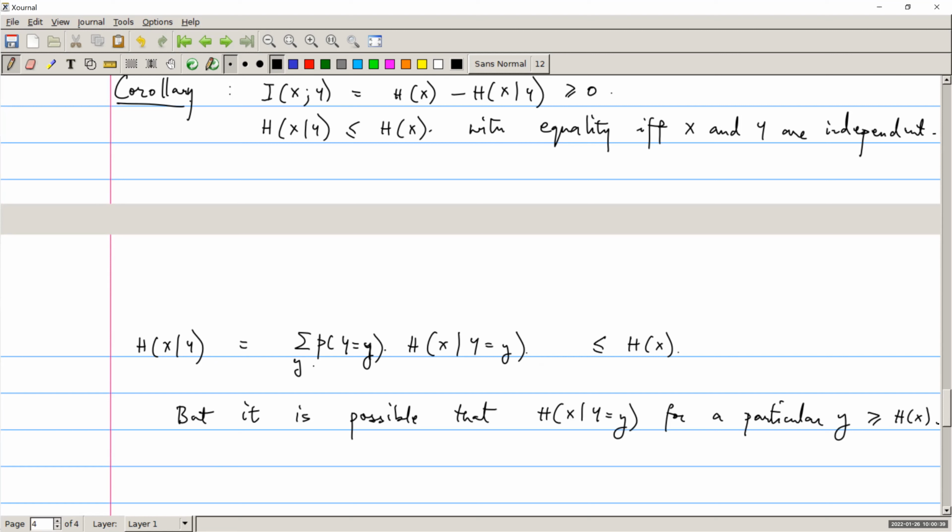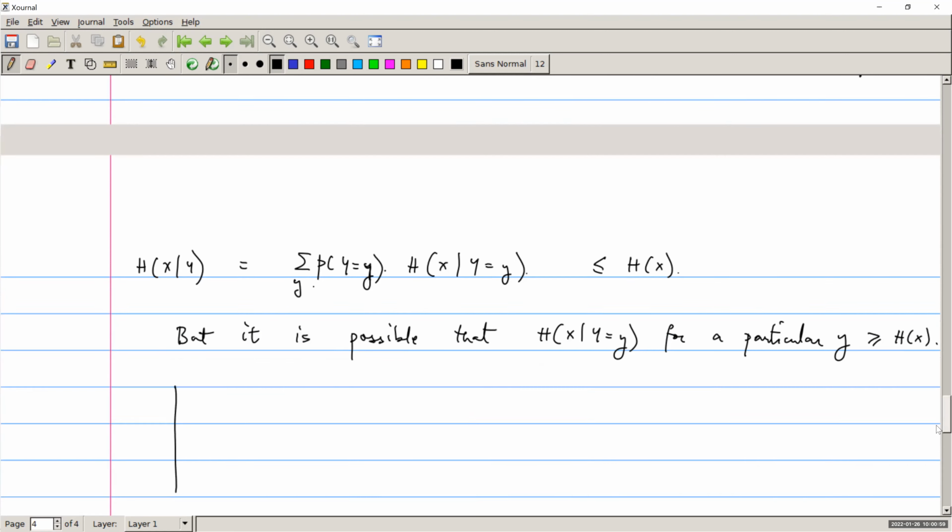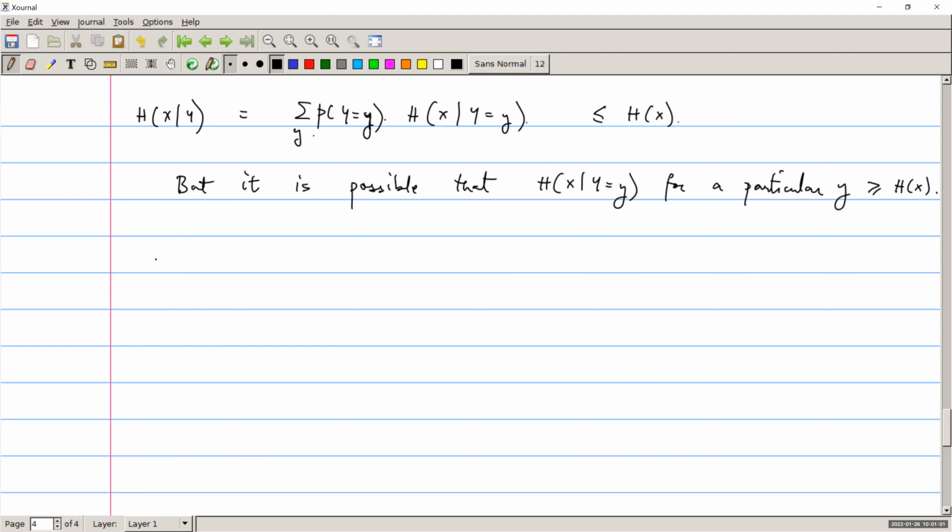If I take one specific value for little y, it's quite possible that the entropy of X given Y equals little y is actually greater than H(X). So we'll do a little example. Let's look at a joint distribution of X and Y that looks like this.